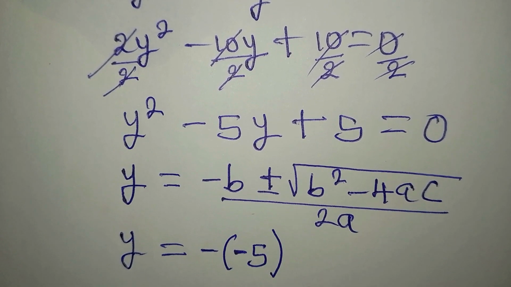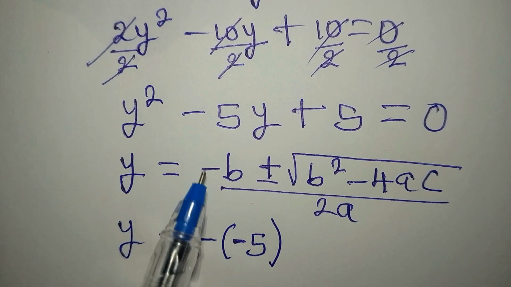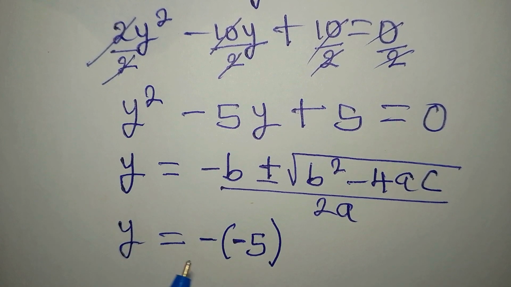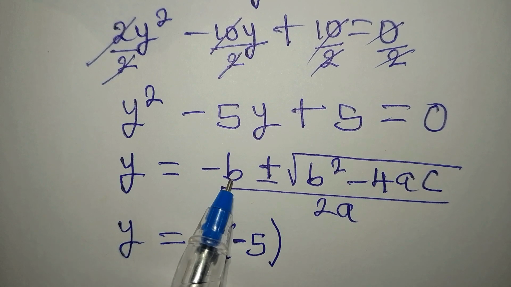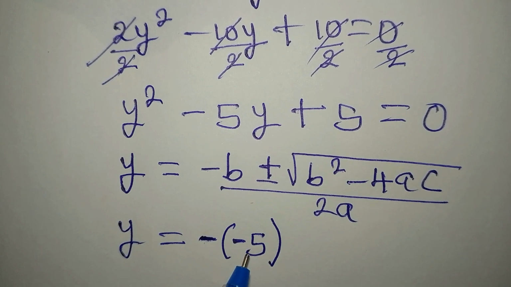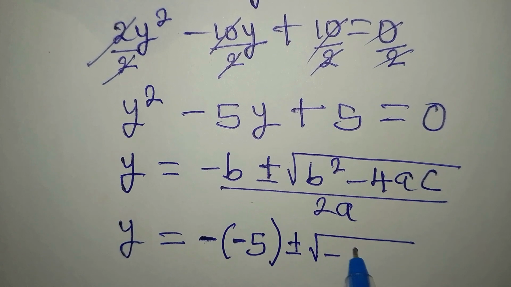This is one place that students make a lot of mistakes. Some would make this negative 5 without writing this one outside. You have to write this outside because this negative is here and b itself is minus 5, so it has to be minus b, which is minus minus 5. Then plus or minus the square root of b squared, which will be minus 5.